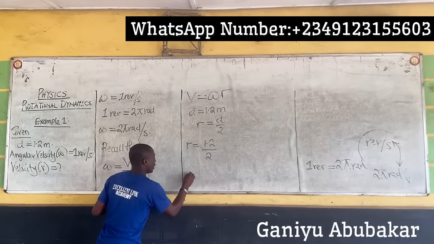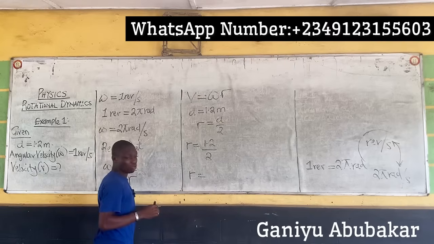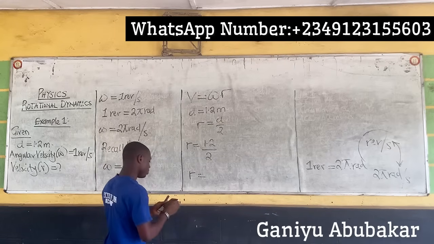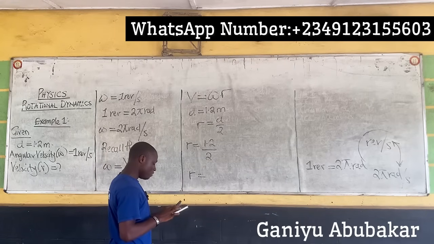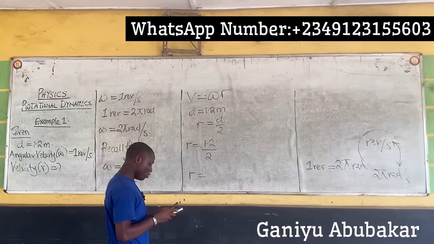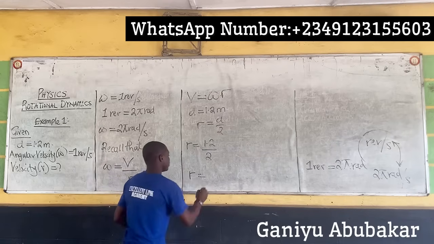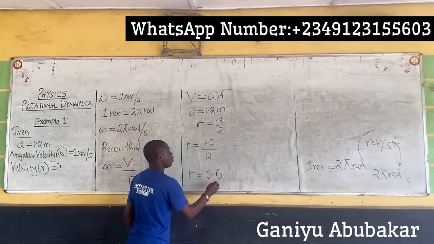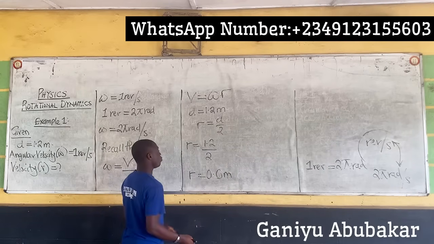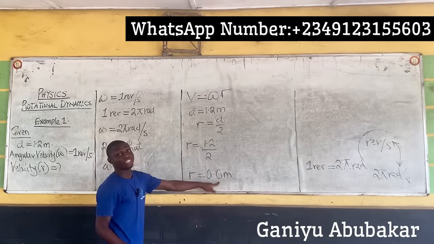If I punch in 1.2 divided by 2, this gives about 0.6, of course in meters. So my R is now 0.6 meters.